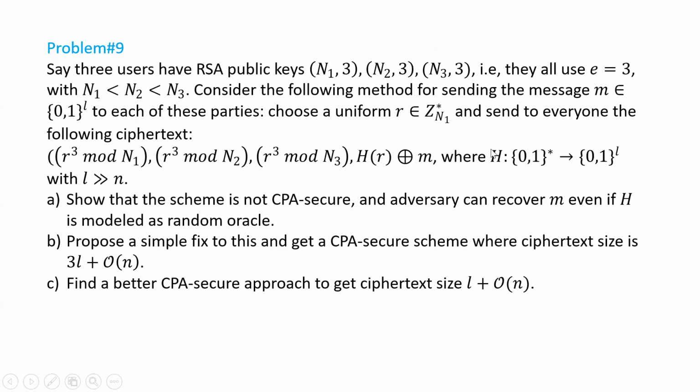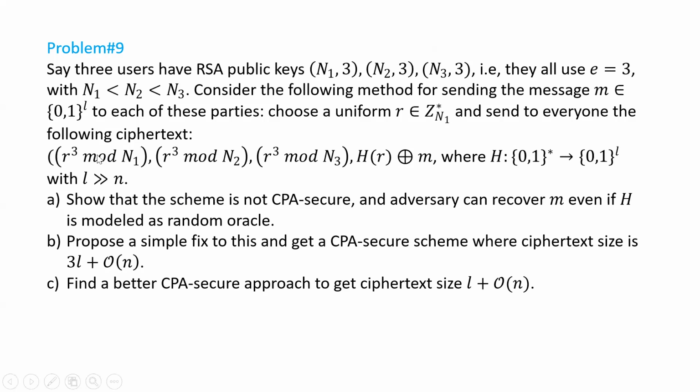So even if H is a hash function modeled as a random oracle, this particular form of ciphertext does not ensure CPA security. Why?